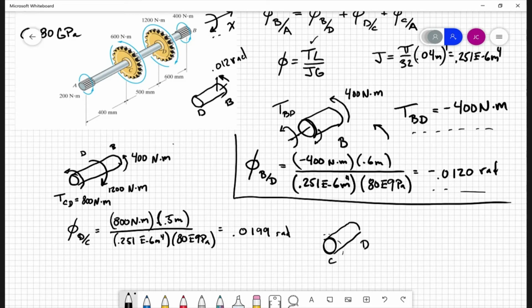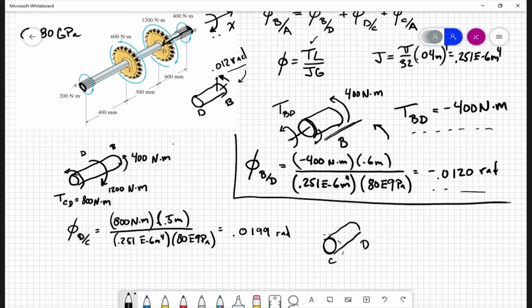So in this problem, they want to know the rotation of face B relative to face A, okay? And we already looked at this for the first segment, between BD. Since the torques are as applied here in this free body diagram, there's the 400 Newton meter torque that wants to rotate face B in this direction relative to D. So we know that the rotation of B relative to D is going to be as shown here.